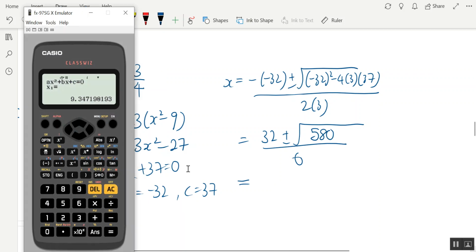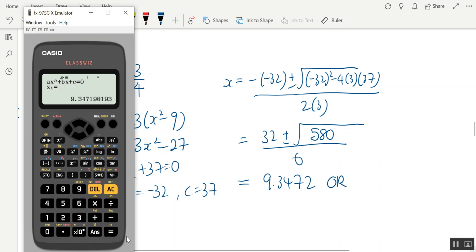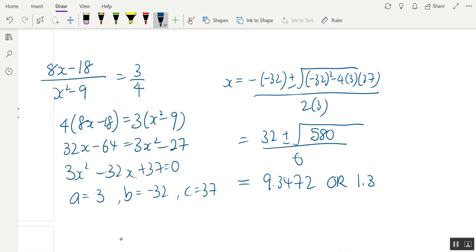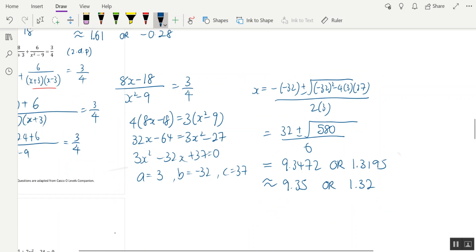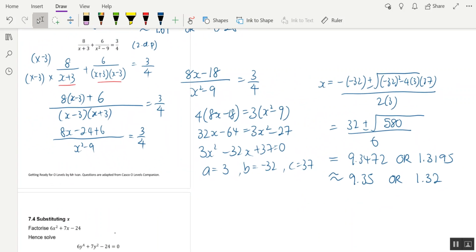Always use the calculator: 9.3472 or 1.3195. So approximate to 9.35 or 1.32 for 2 decimal places, or for 3 significant figures if the question requires it. So the thing is, when you have an algebraic fraction, always make a common denominator, then you cross multiply.